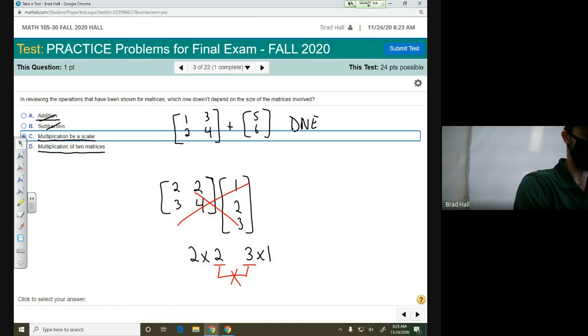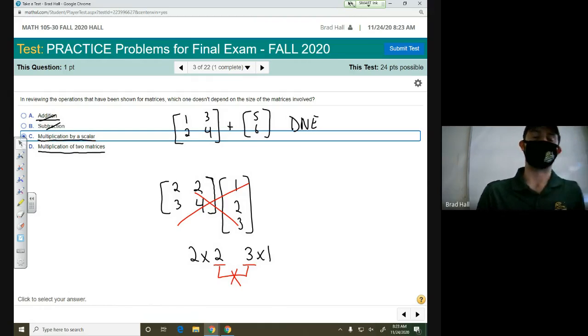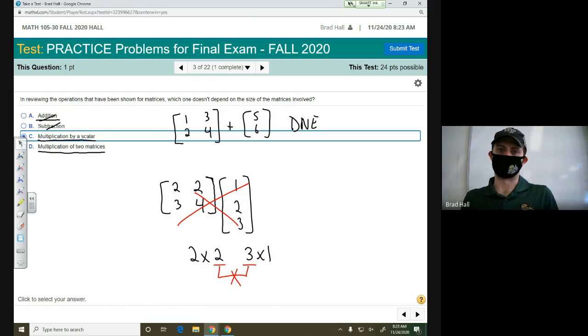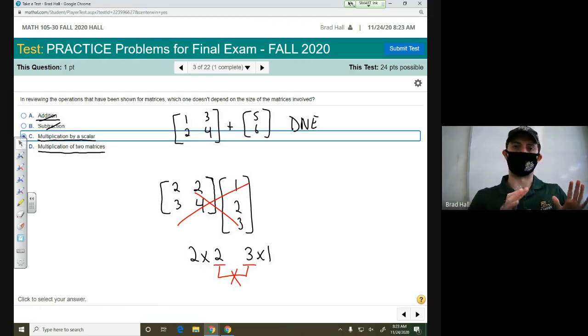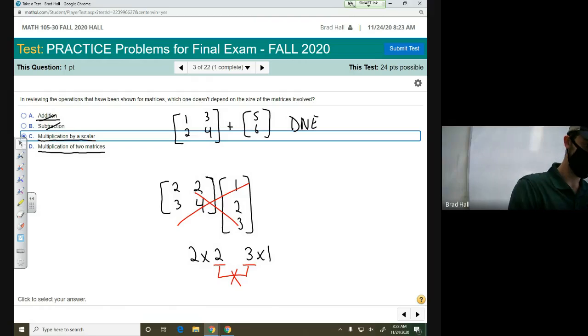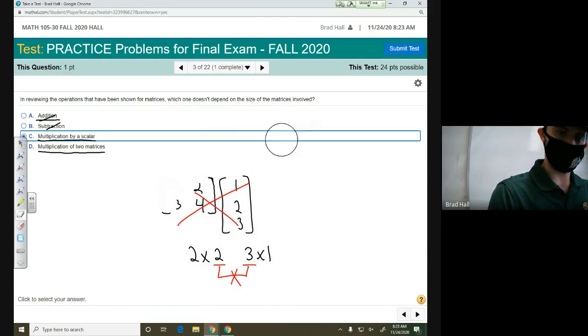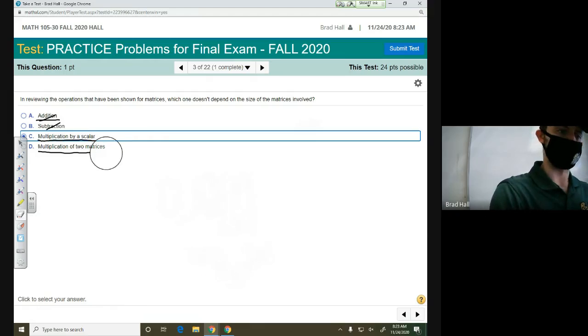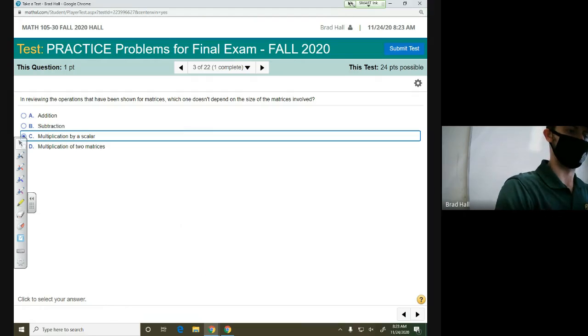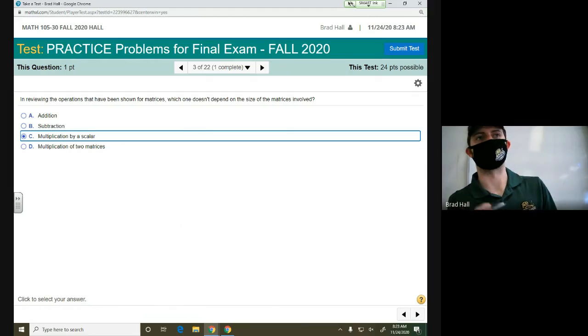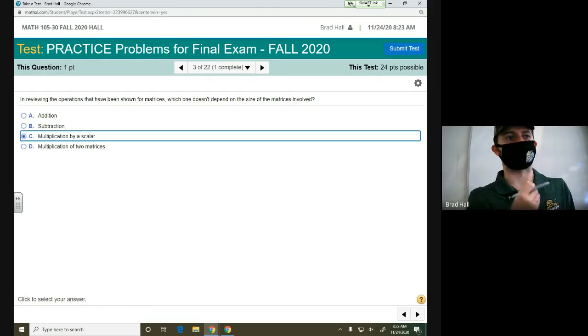That's why it's only multiplication by a scalar, because you can multiply a single number into every entry in the matrix. So multiplication by a scalar is the only one that does not depend on matrix size.